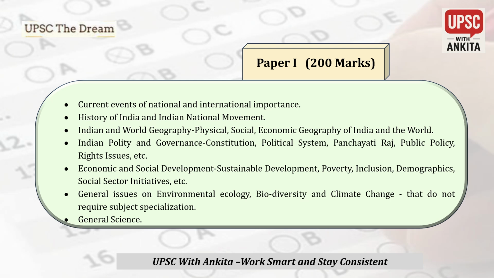General Studies Paper 1 focuses on current affairs, history, polity, economy, environment, and geography. This paper determines whether you clear prelims or not, and it requires wide coverage, regular revision, and mock tests.